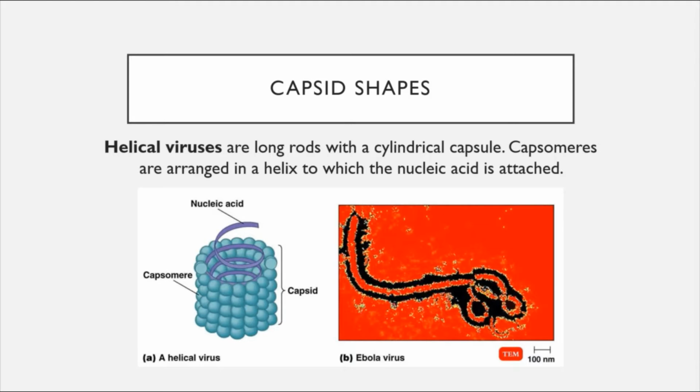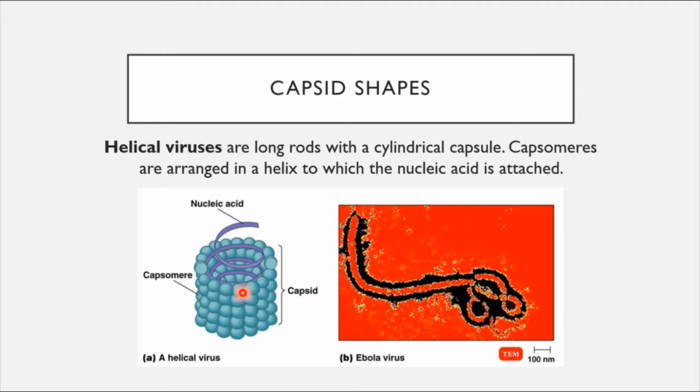So there are a few different morphologies or capsid shapes that are recognized. The first is a helical virus. A helical virus has a capsid that is a long rod shape with a cylindrical capsule. Capsomeres are arranged into a helix, which is in response to a nucleic acid found internally that is also shaped like a helix.